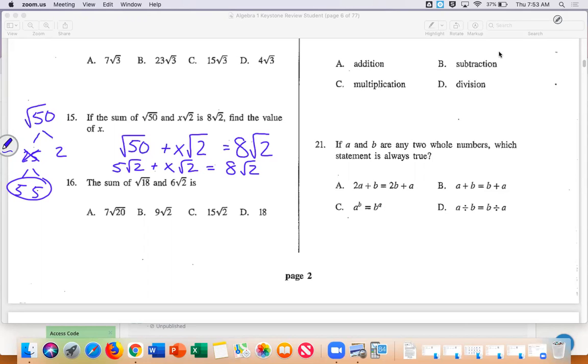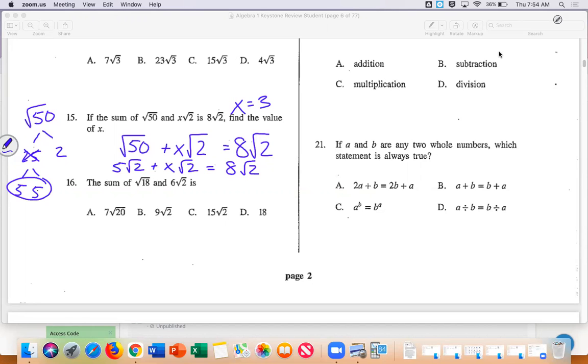Now, if we focus in on just the root 2s, do we see how everything has a root 2? So it doesn't really play a part in my factor. It's kind of like a variable, so to say. If I say 3x plus 2x equals something, you just do 3 plus 2 and you get 5x, right? Same thing here. 5 plus what is 8? 3.